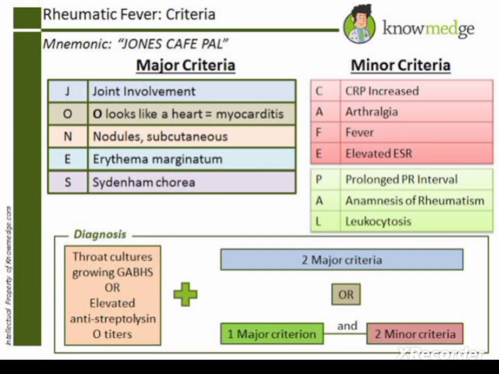Next one, erythema marginatum. Erythema marginatum is a less common lesion in acute rheumatic fever, but it may be present.